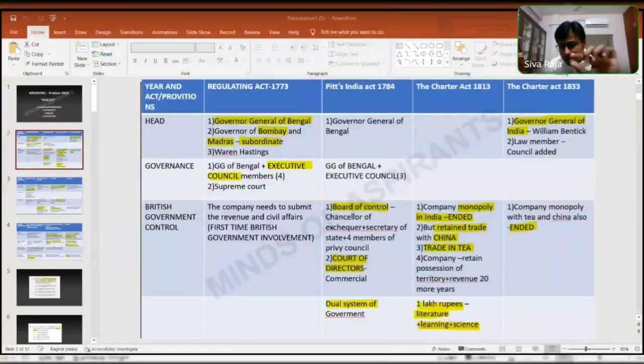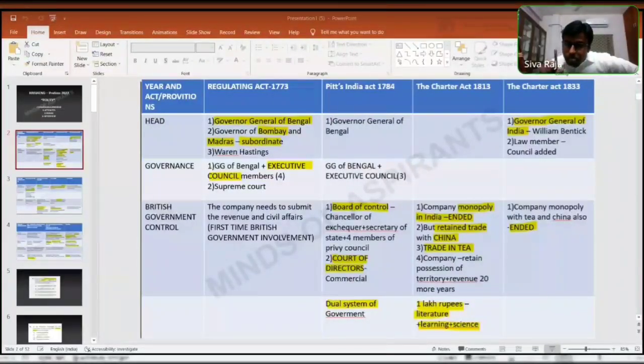And also see here, there is 1 lakh rupees provided for what? Literature, learning and science. UPSC might give you something else, something art or like that. I don't think they ever gave anything, but just for the sake of things, in 1813 they have this concept where they say they will give 1 lakh rupees.